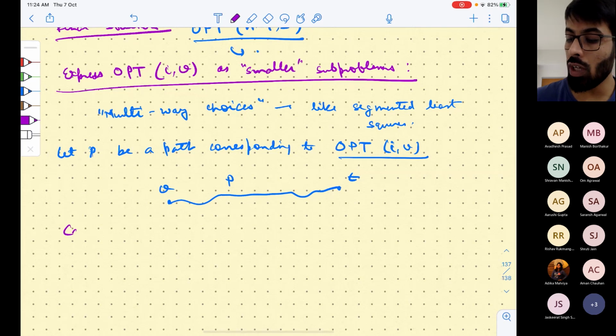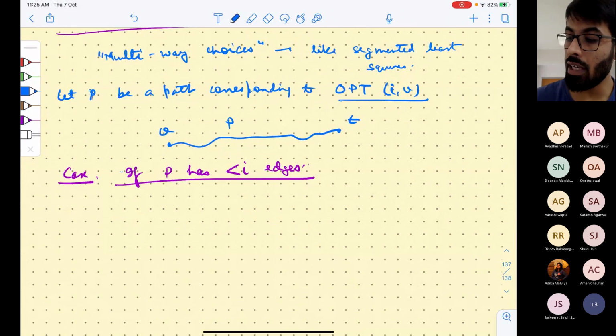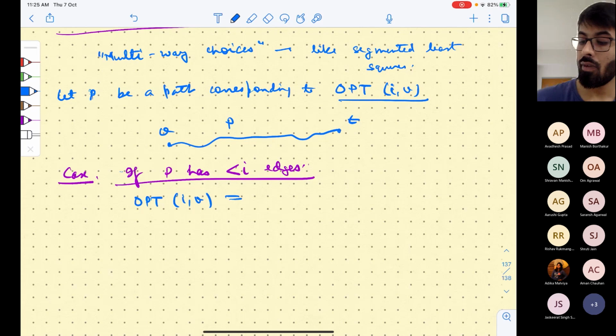Now there are two cases. The first case is that P itself has shorter length, if P has less than i edges. Then which smaller subproblem can we write this as?